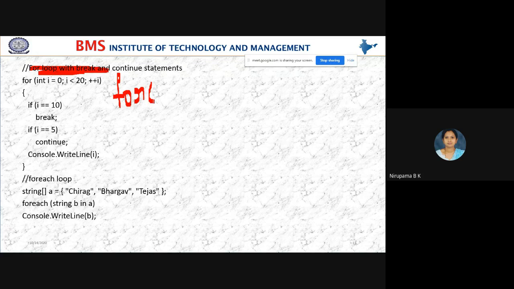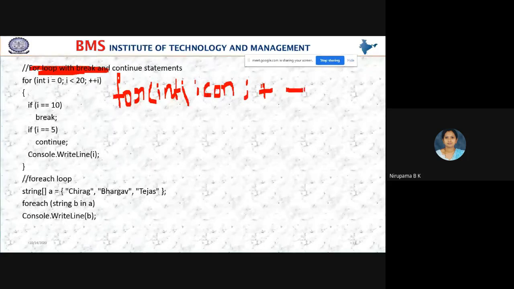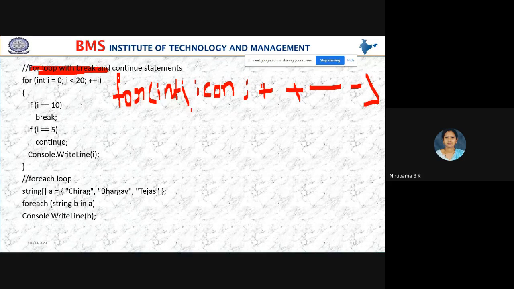For, initialization, condition, increment or decrement. This is the syntax of the for loop. Here you may ask, can I do only one initialization? Can I do only one condition check? Can I do only one increment or decrement? You can add more than one initialization also.